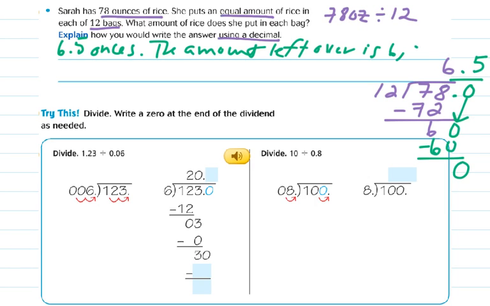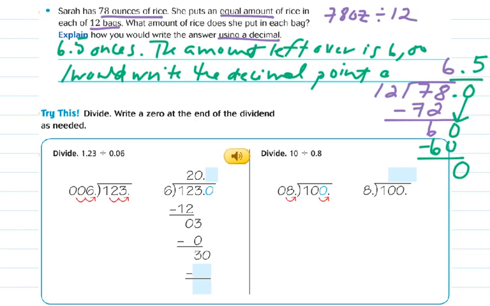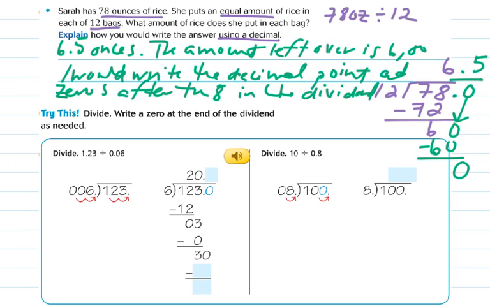So I would write the decimal point and zeros after the 8 in the dividend, and divide 60 by 12. And in that case, we wrote a remainder as a decimal, which is what it was asking us to do.